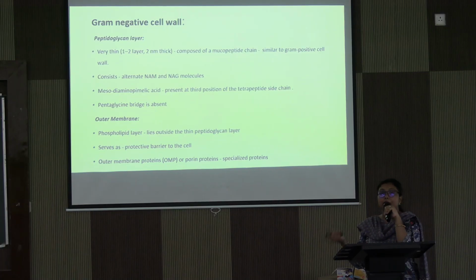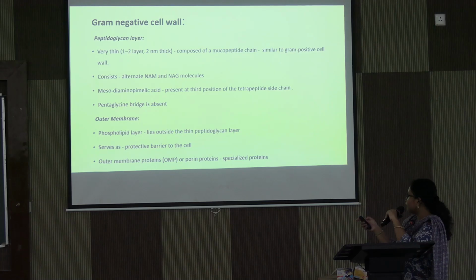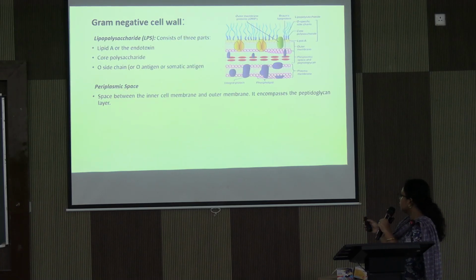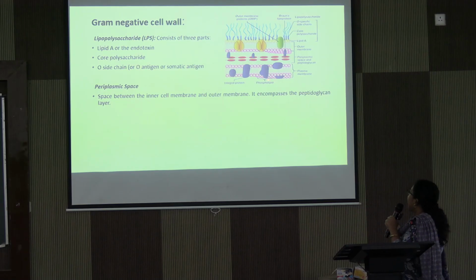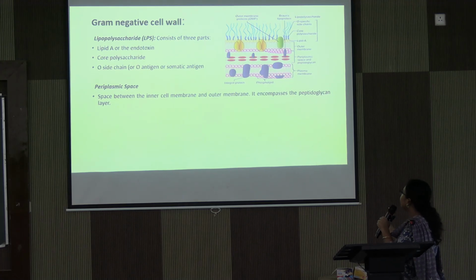Next is the gram-negative cell wall. First let us see the structure. Actually, I should have put the picture on the previous slide. This is the plasma membrane. Outside the plasma membrane, there is a periplasmic space, this much, okay? And from here, the cell wall is starting.